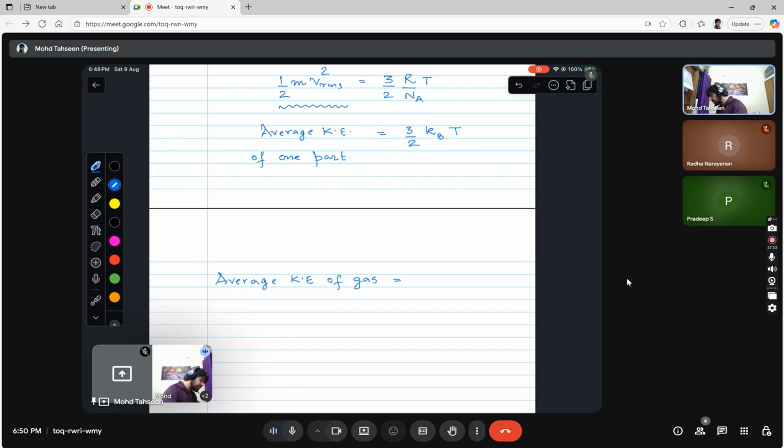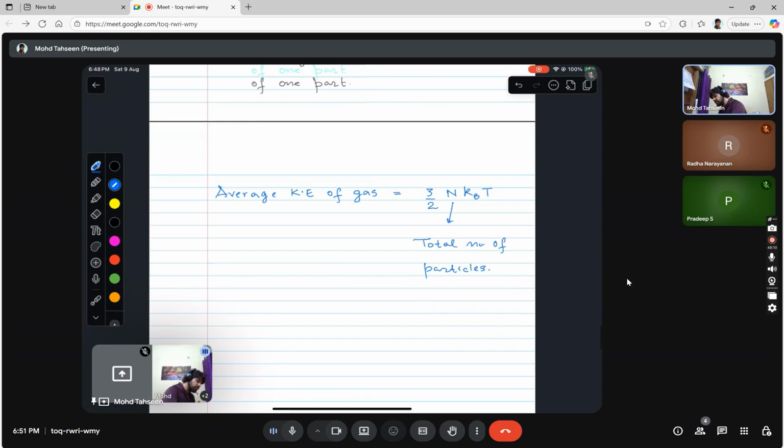So this average kinetic energy of gas is equal to 3 by 2 times, let's say, N kBT, right? Let me just call it N for now, to be consistent with our previous notation. Here N represents the total number of particles.